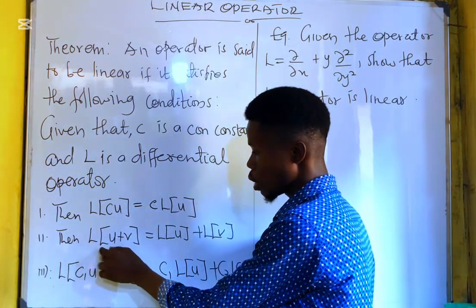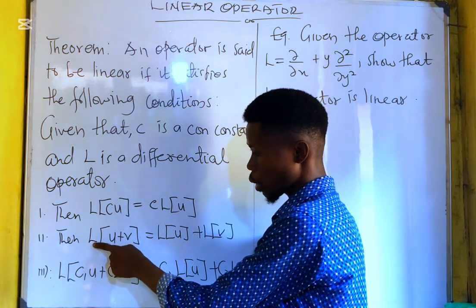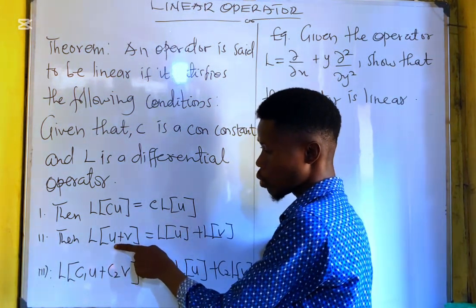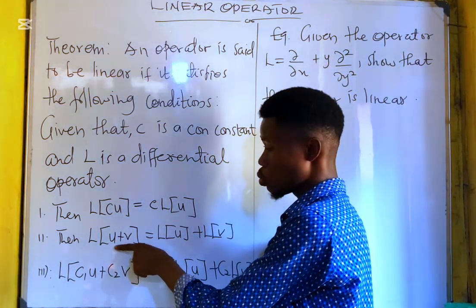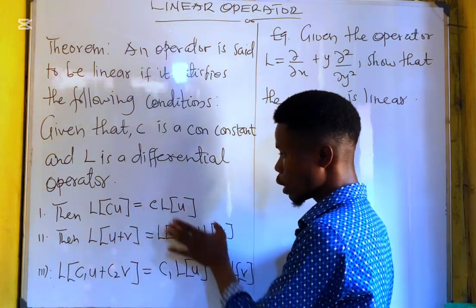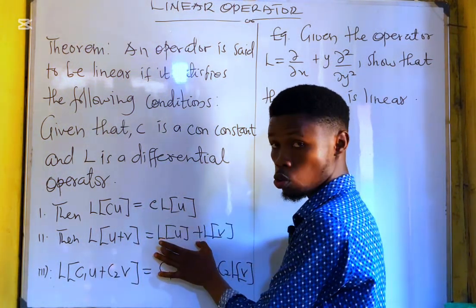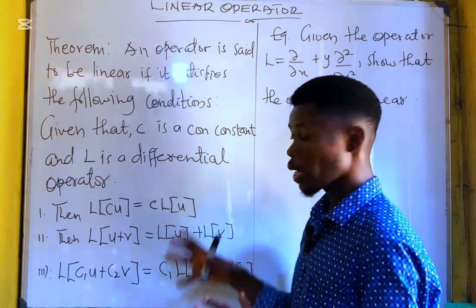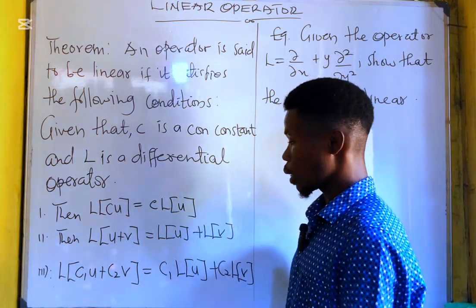And also the operator L operating on the addition of U and V, which are two functions, gives this. If this one holds and this one also holds, then we can say that this is a linear operator.